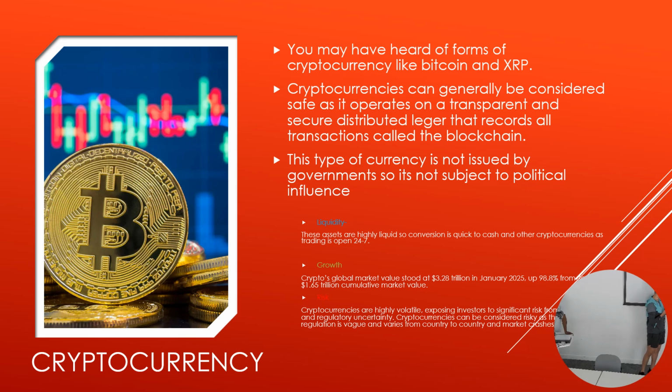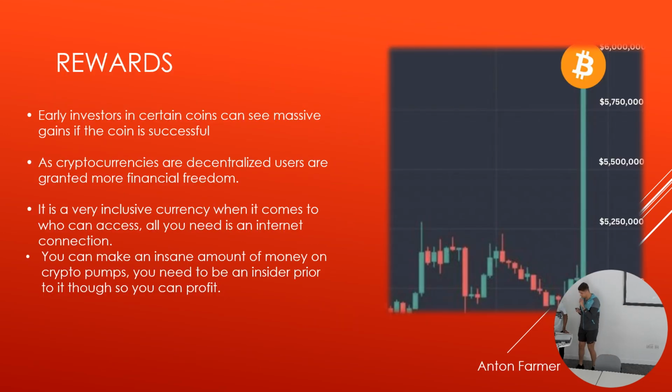Cryptocurrencies are highly volatile, exposing investors to significant risk and regulatory uncertainty. For the rewards, early investors can see massive gains if the coin is successful. As cryptocurrencies are decentralized, they're granted more financial freedom. It's very inclusive when it comes to who can access it.